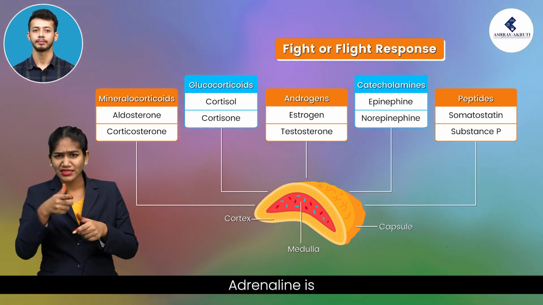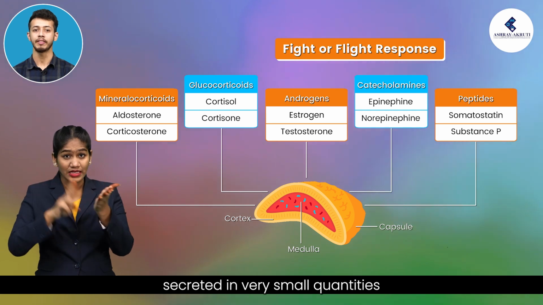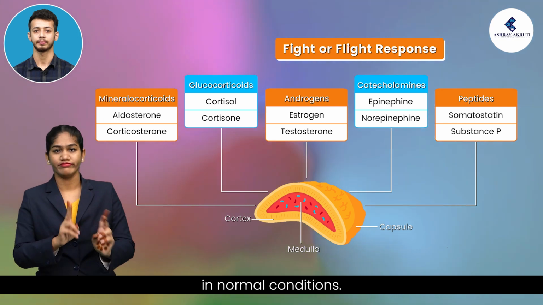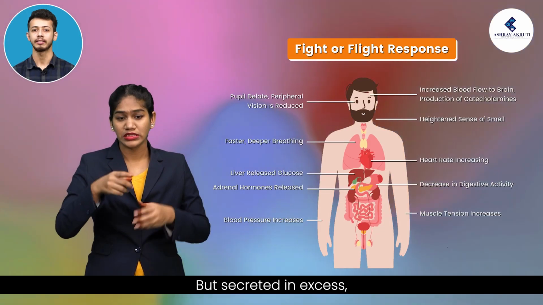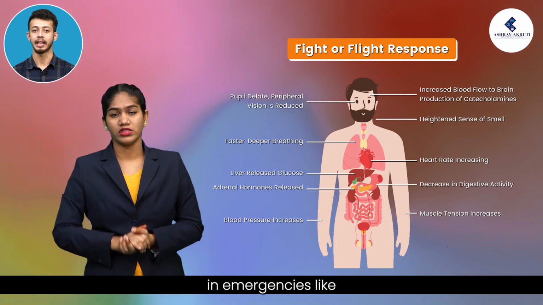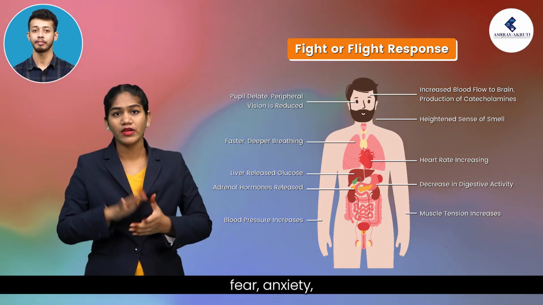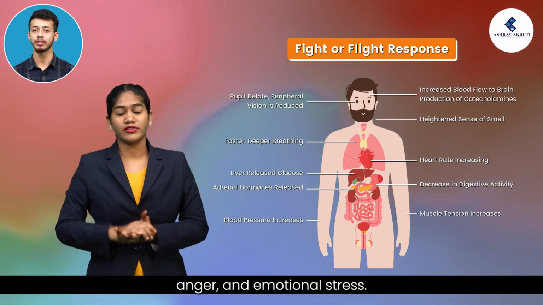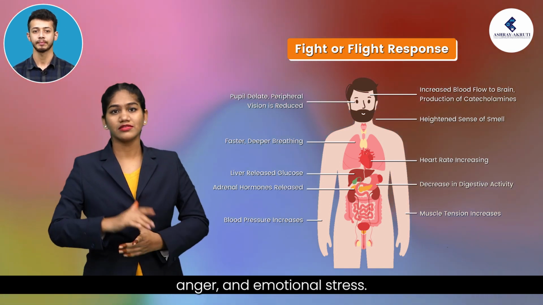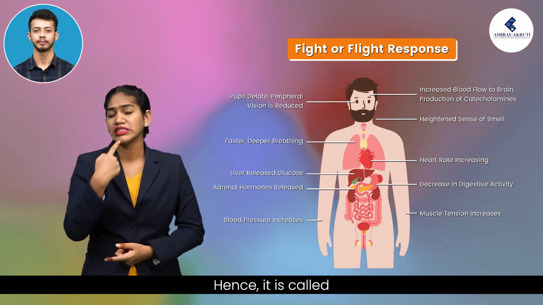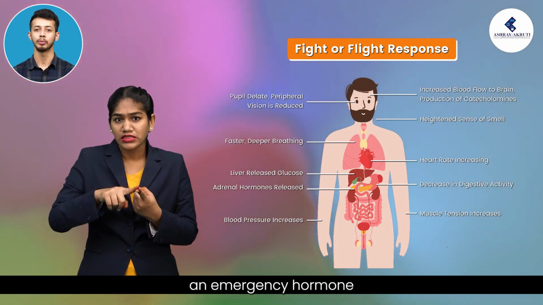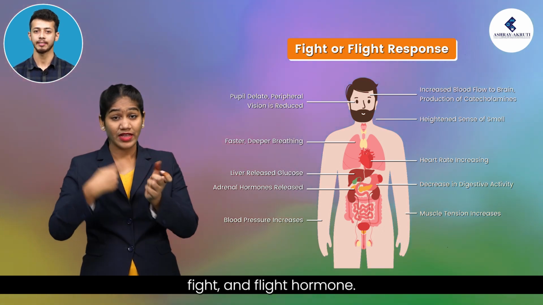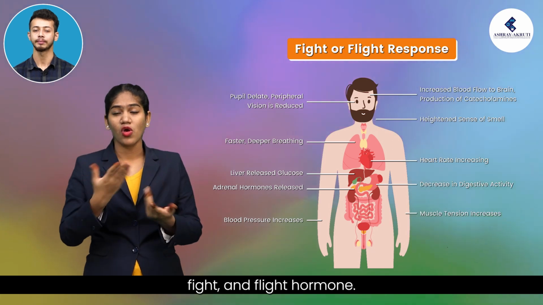Adrenaline is secreted in very small quantities in normal conditions, but secreted in excess in emergencies like fear, anxiety, anger, and emotional stress. Hence, it is called an emergency hormone or the fright, fight, and flight hormone.